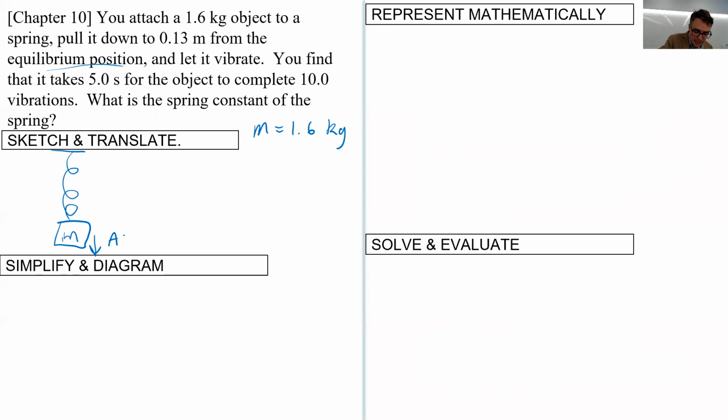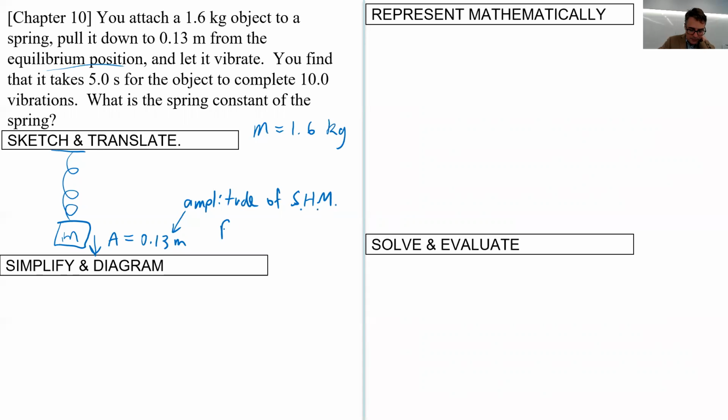So what that means is that A equals 0.13 meters. That's the amplitude of simple harmonic motion, because it's going to go up and down around equilibrium.